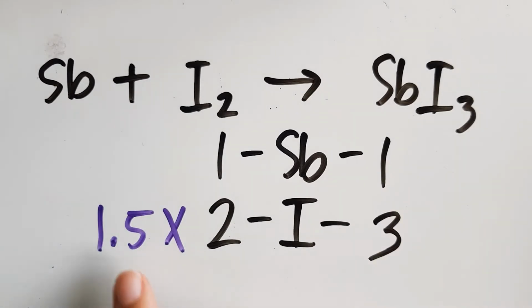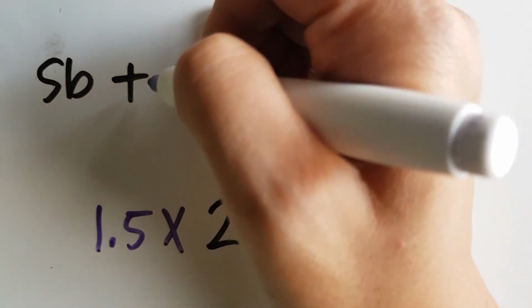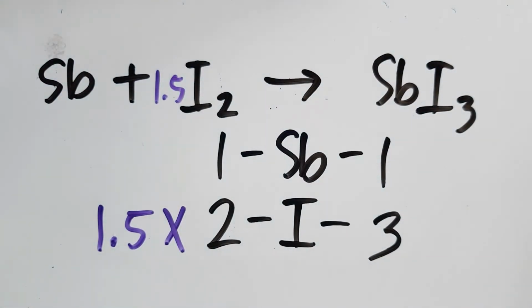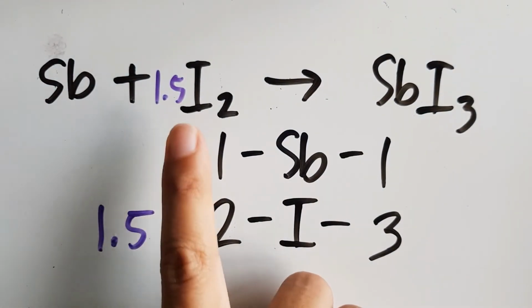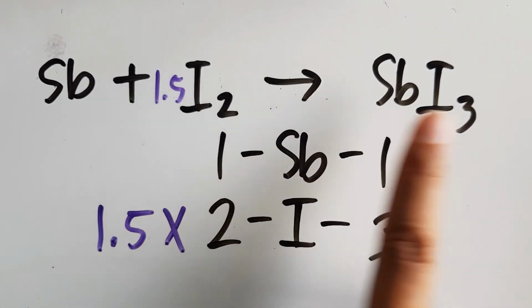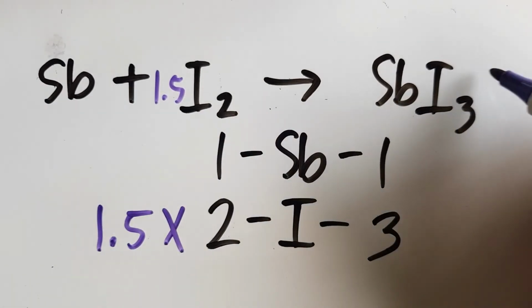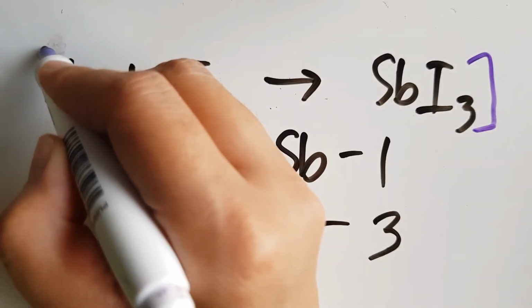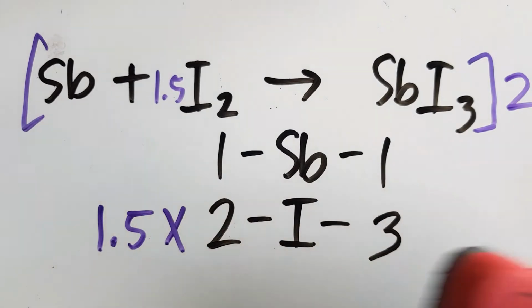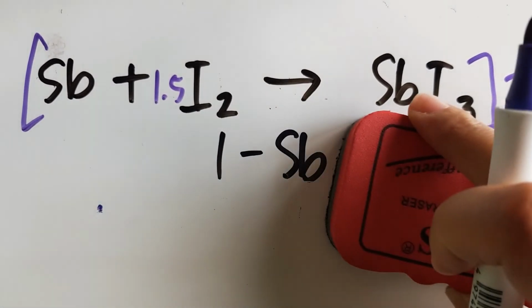So if I multiply it by 1.5, I'm going to put 1.5 in the equation as a coefficient in the term where I is. And then this makes the whole equation balanced, right? Okay, but I'm going to multiply the whole thing by 2. And I'm going to erase this.